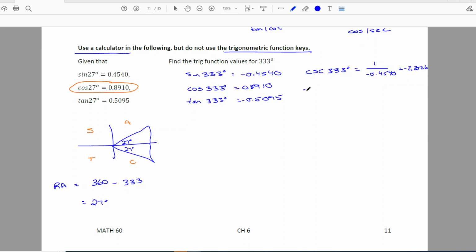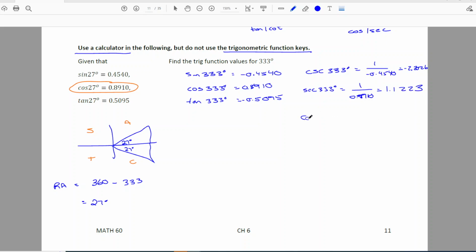And then we do secant. So secant will be 1 over positive 0.8910. 1 divided by 0.8910, and I get 1.1223.